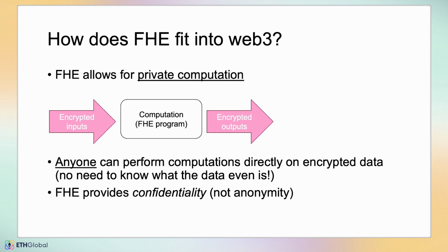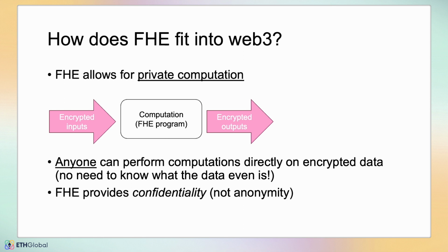How does FHE fit into the Web3 space? Well, you can think of FHE as allowing for something called private computation. Here, you can take some encrypted inputs, you can run a computation on your encrypted inputs, and you can get some encrypted outputs. The magical thing about FHE is that anyone can perform this computation directly on the encrypted data.